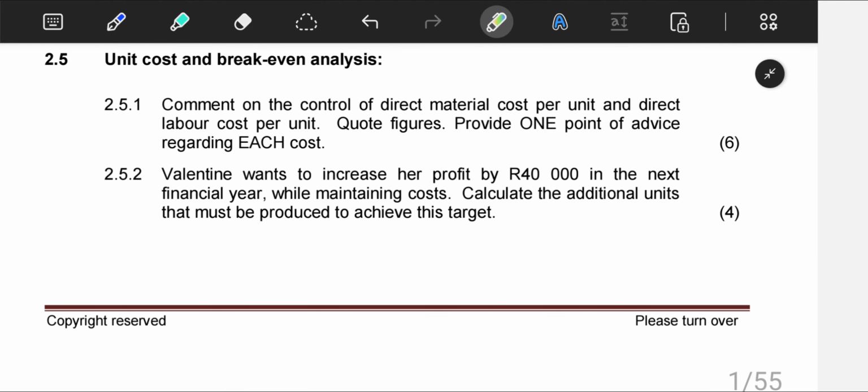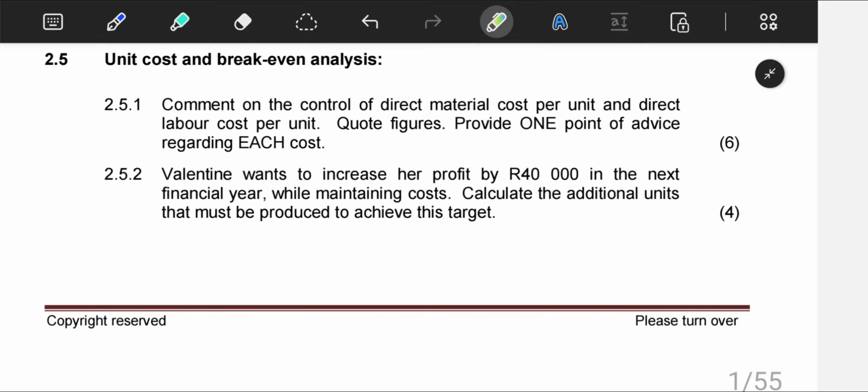Valentine wants to increase her profit by 40,000 in the next financial year while maintaining costs. Okay? So, whatever expense cost that we had, we're still going to be maintaining them as they are. And then calculate additional units that must be produced to achieve this target.